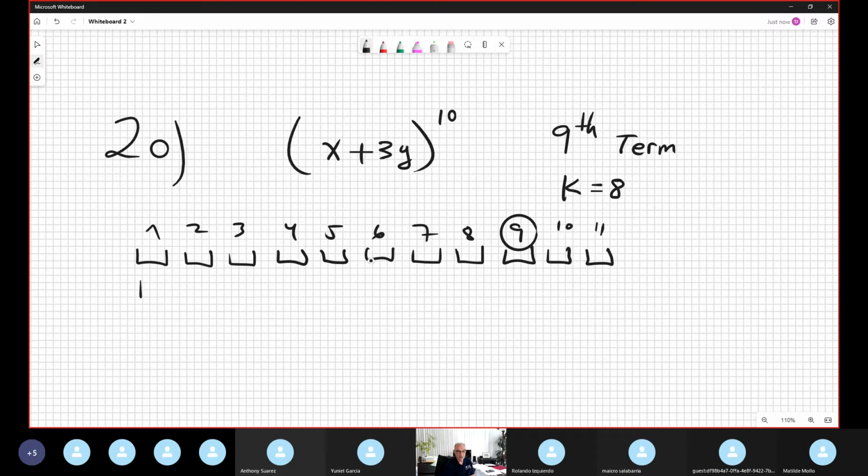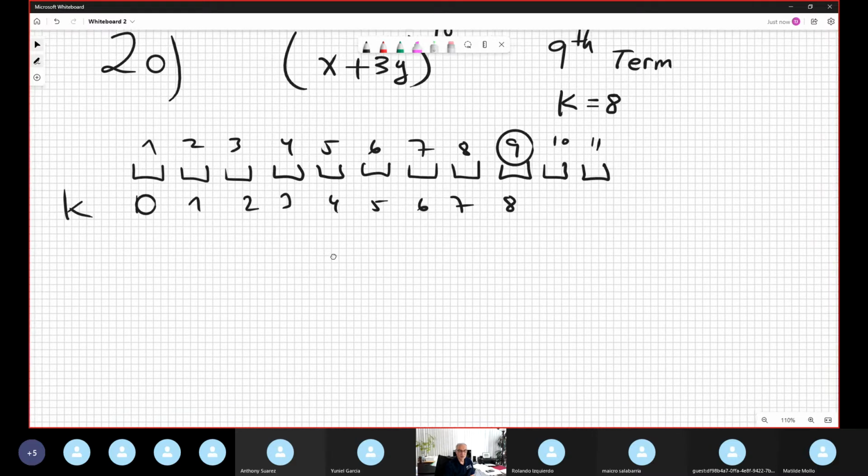But k is 0, 1, 2, 3, 4, 5, 6, 7, and 8. That's super easy. Memorize that for position M, k is equal to M minus 1. So you subtract 1.